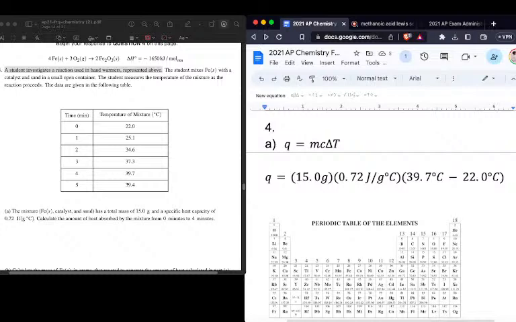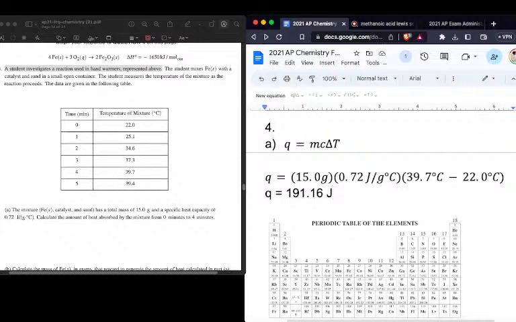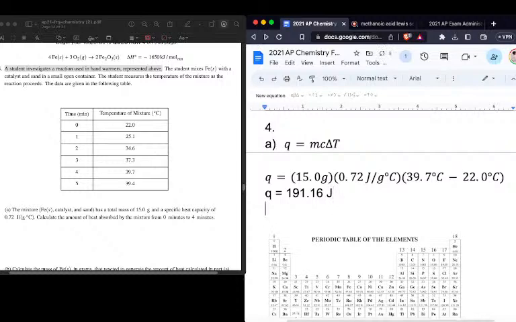15 times 0.72 times, whatever the difference between 39.7 and 22 is. 191.16, and that's in joules. Nice. That's it. That's the amount of heat absorbed. I just got to do my sig figs.